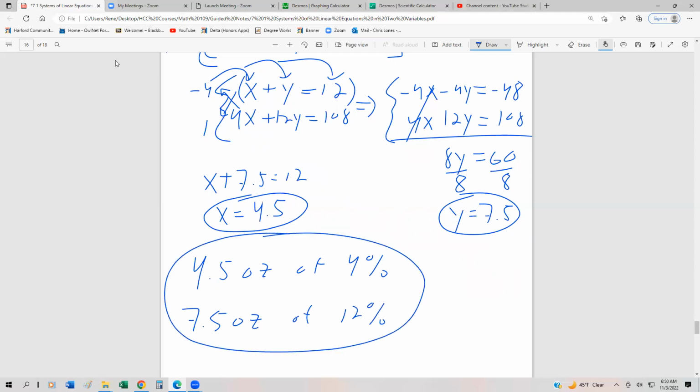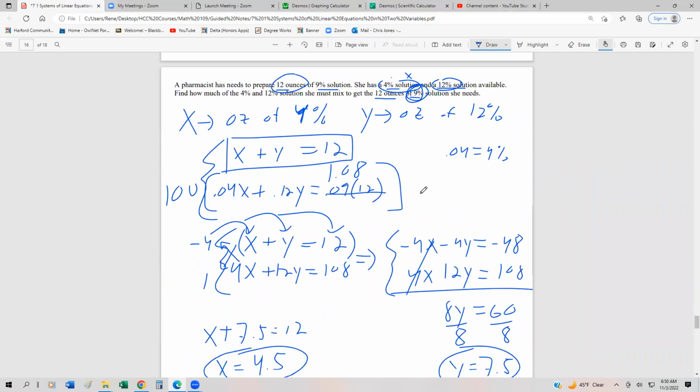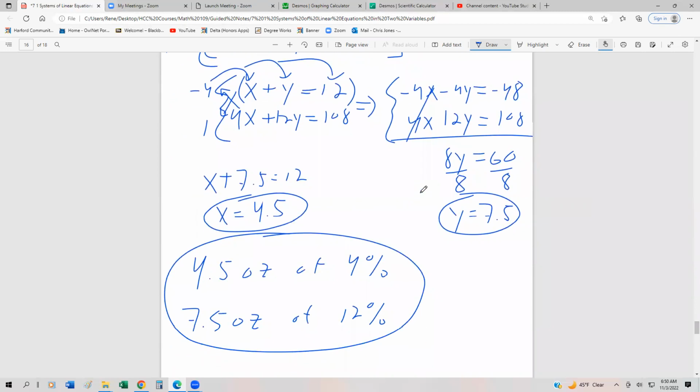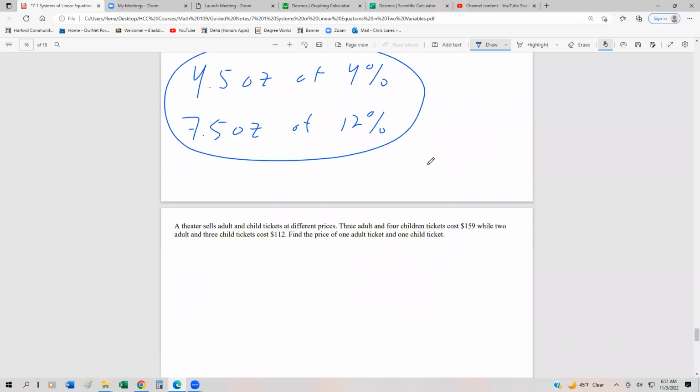Because remember, we need to actually answer the question. The question was find out how much of each solution we need. So this one was a pretty tough one. But that doesn't mean necessarily it's too difficult for us to be able to work through once we've seen a few examples of this.